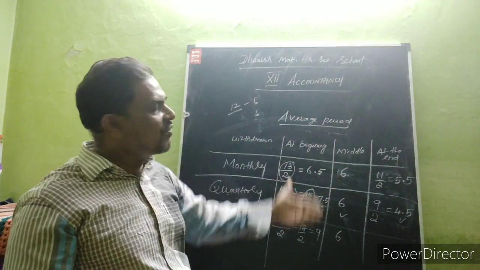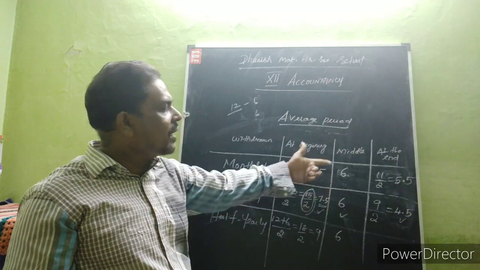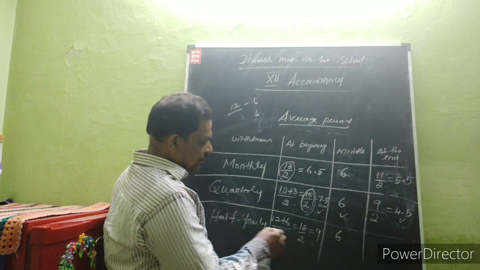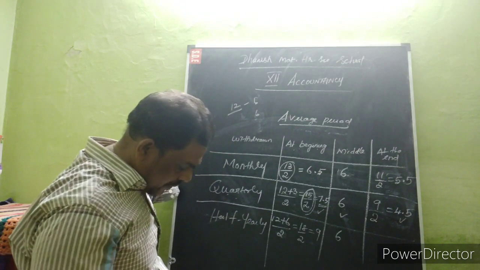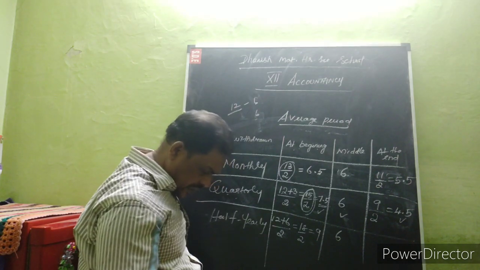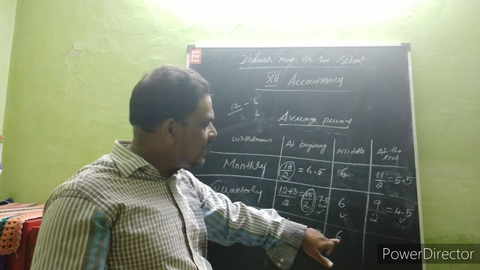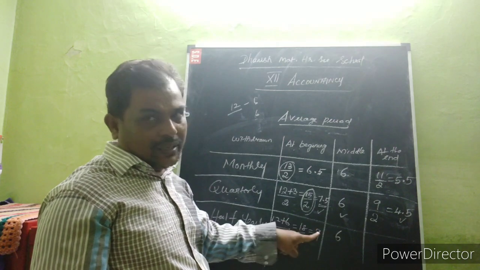So from this, what we understand is that the middle average period is always 6, 6, 6 only. Finally, 6 minus 6 is 0. So here you get 12 plus 6, 18. 18 minus 6 is 12.